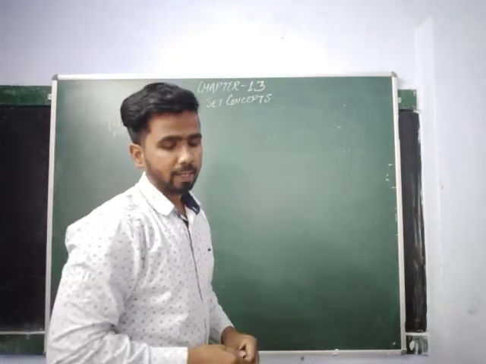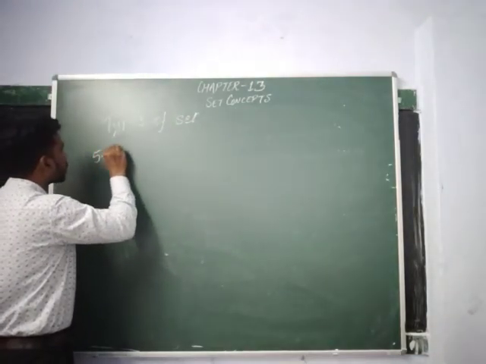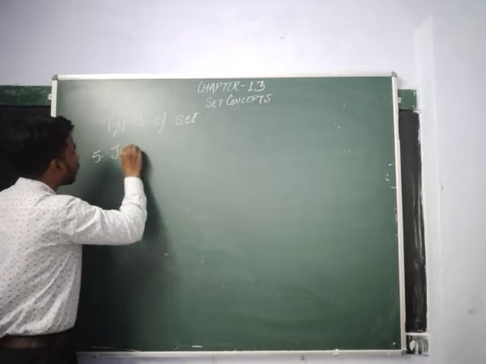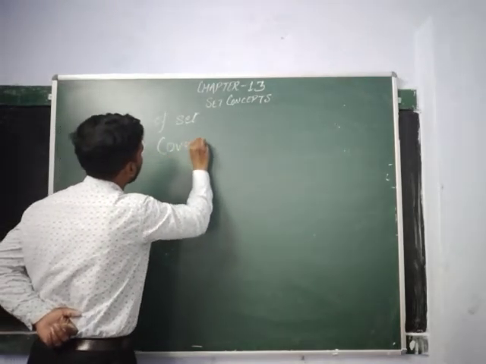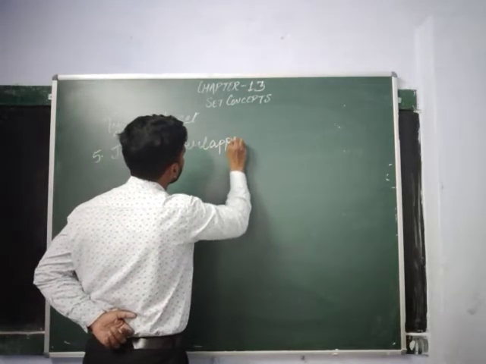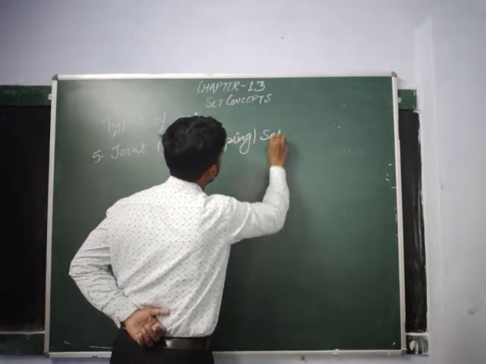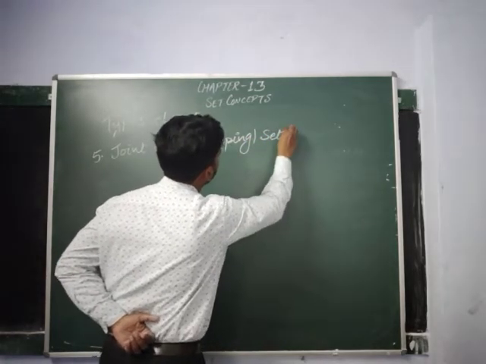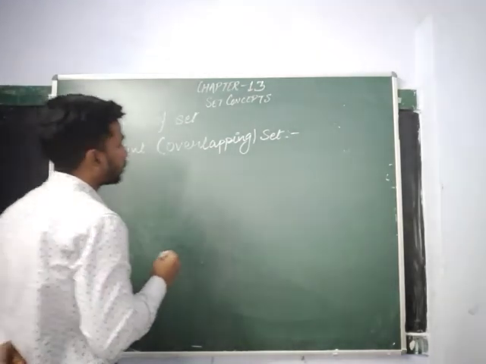So now our next kind of set is joint or overlapping set. So what do you mean by joint or overlapping set?